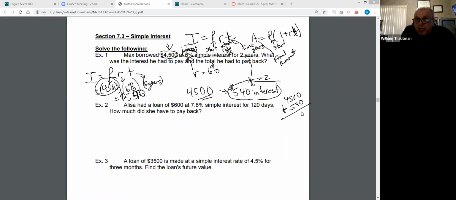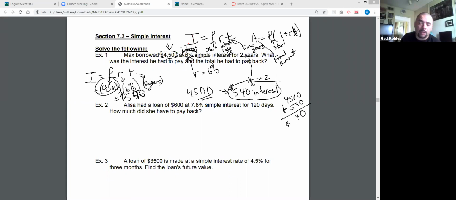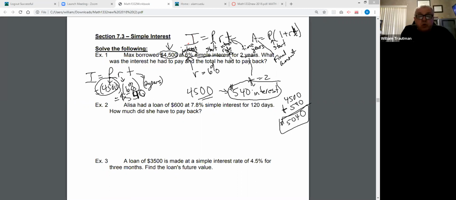So he had to pay 5,040 total. So this first question has two parts. What was the interest? The interest is 540. And then how much did he have to pay back? He had to pay back the 4,500 plus the 540. He had to pay back $5,040.